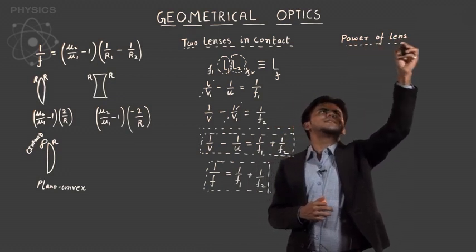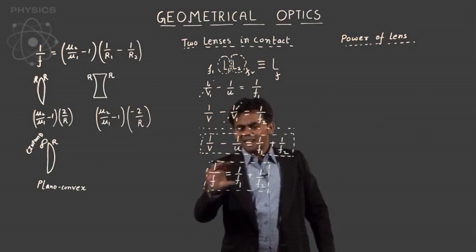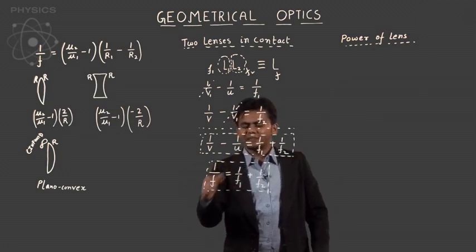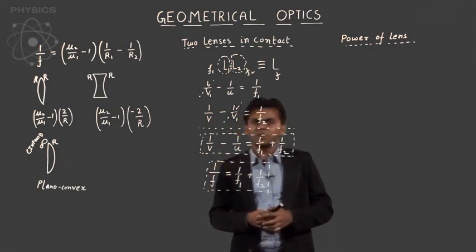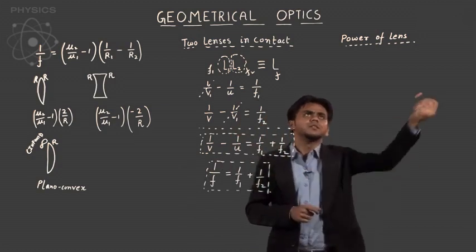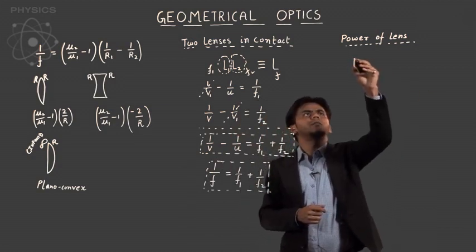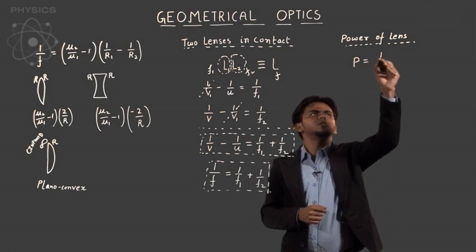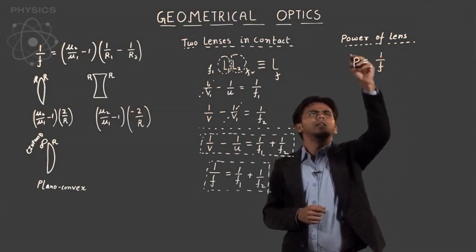Reason why power of lens is studied is because I have to carry this all throughout, 1 by F, 1 by F, and it's not easy to carry through reciprocals all the time. So I defined something called power as inverse of focal length.